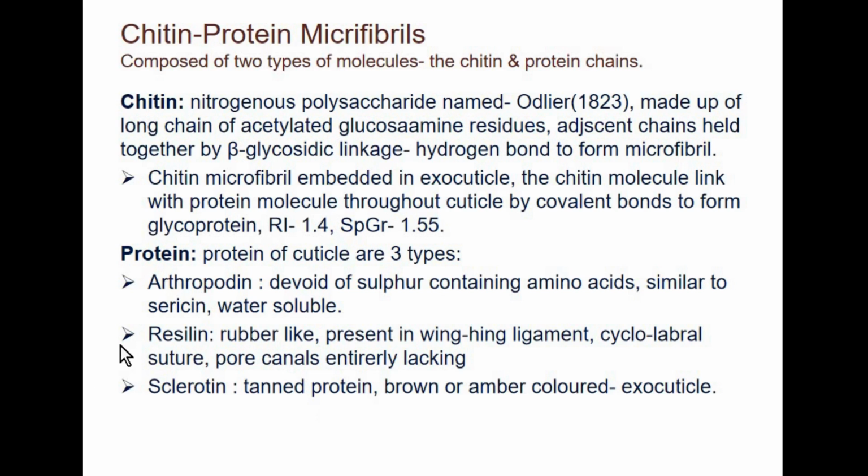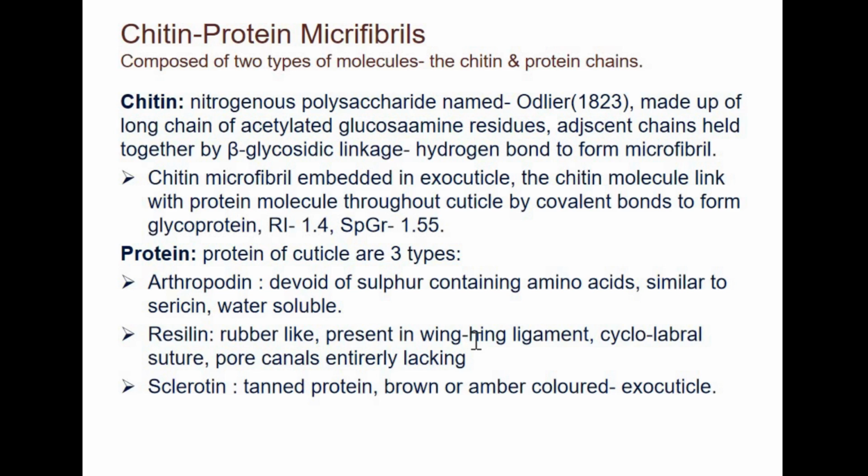Now the next protein, that is resilin. You are familiar with resilin, which is nothing but a rubber like substance. Resilin, a rubber like protein, occurs and is evident as a colorless elastic cuticular ligament such as the wing hinge ligament. So where is the resilin present?